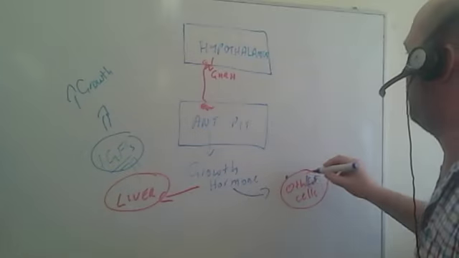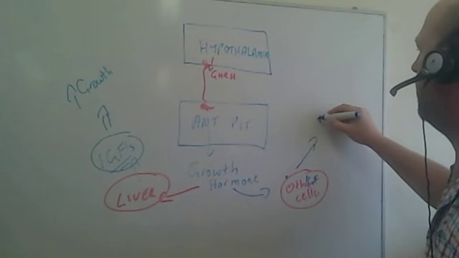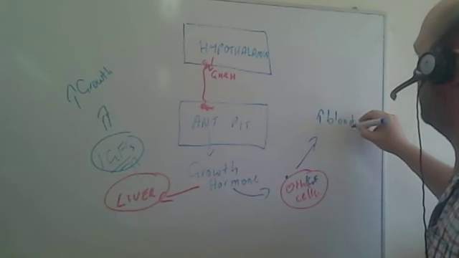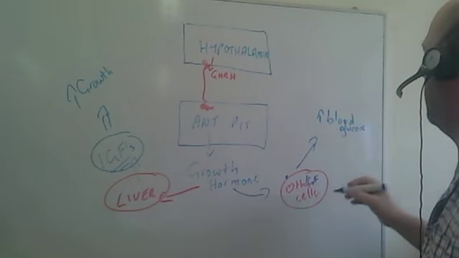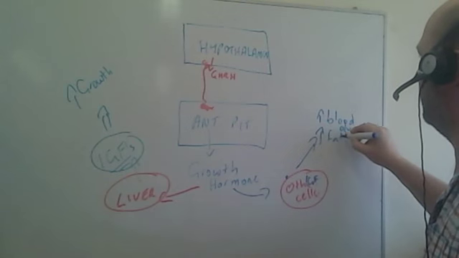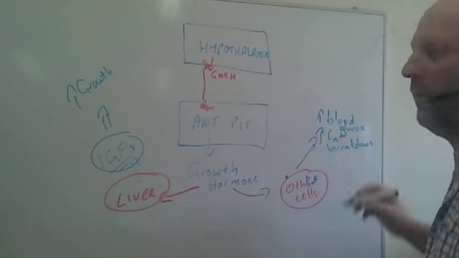And the effects of growth hormone by itself within cells is to increase blood glucose levels, and also to increase fat breakdown. That's two of the major roles of growth hormone by itself.